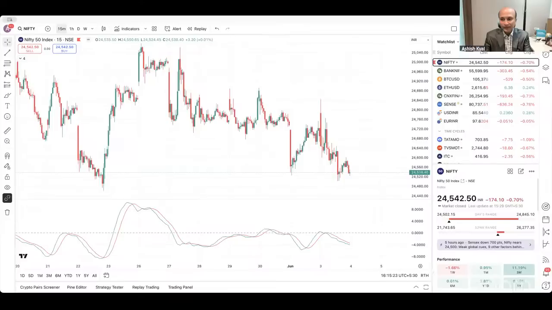When that happens along with a price action breakout, we can say that the tide is turning up. But until then, stay cautious. Are you with me?